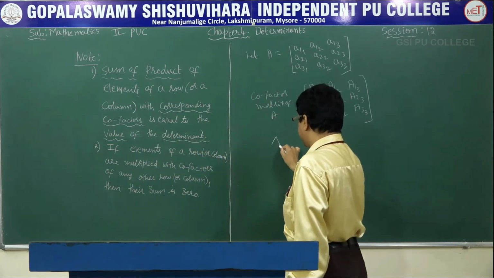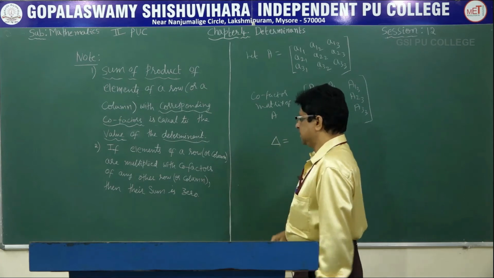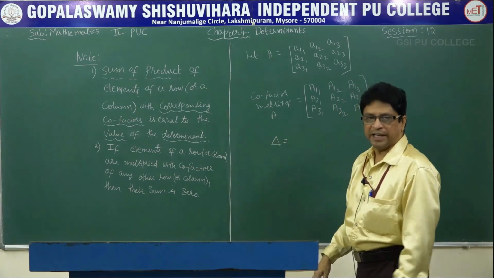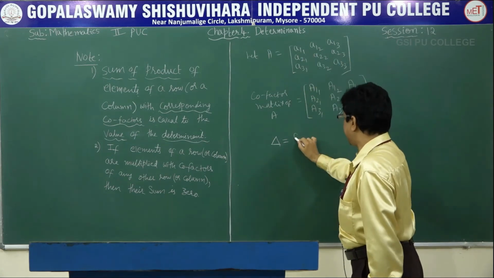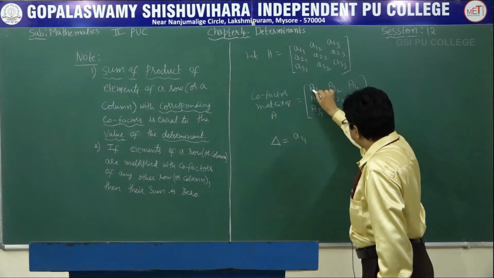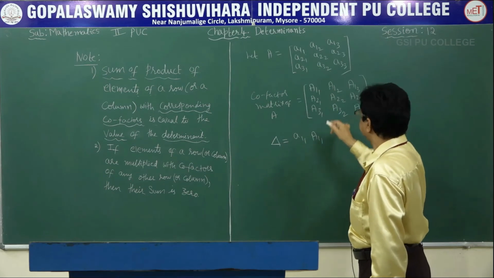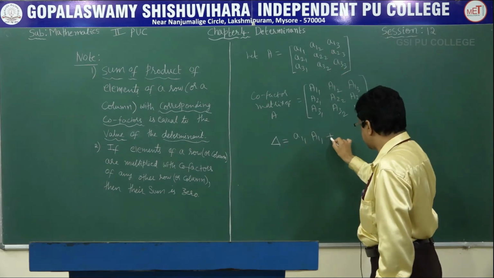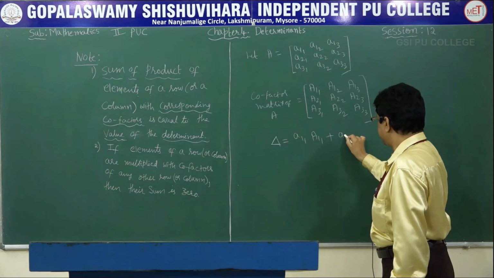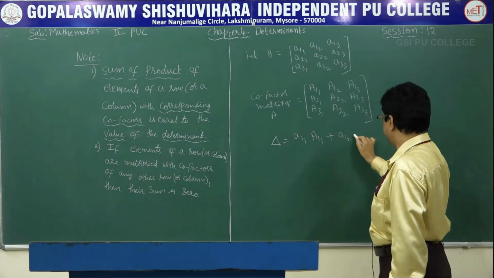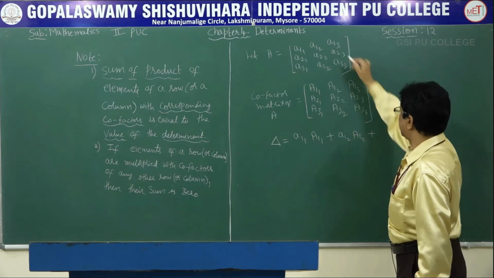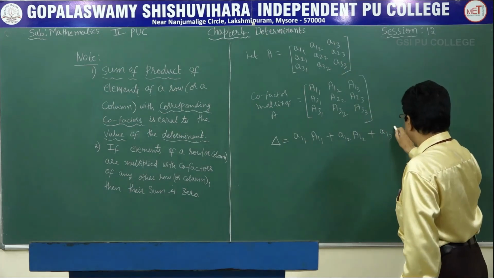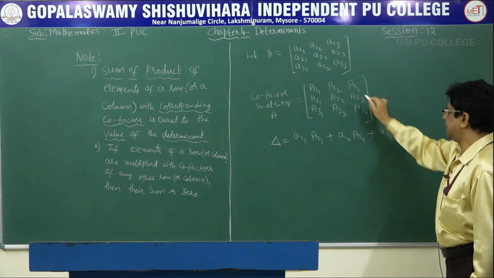That means delta, the value of the determinant, will be equal to A11 into A11 plus A12 into A12 plus A13 into A13.